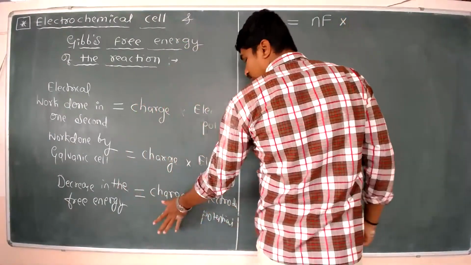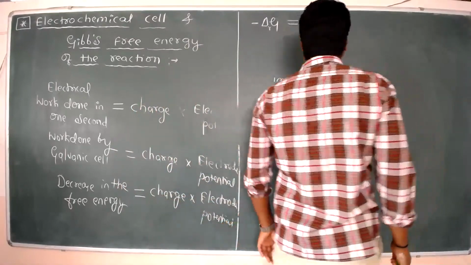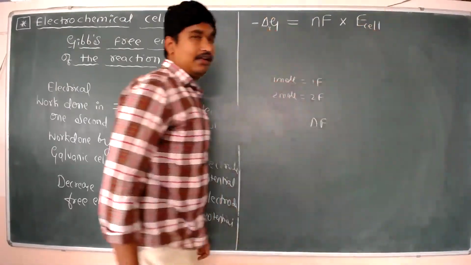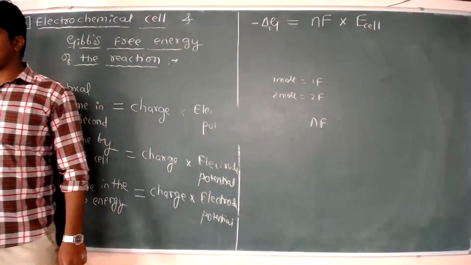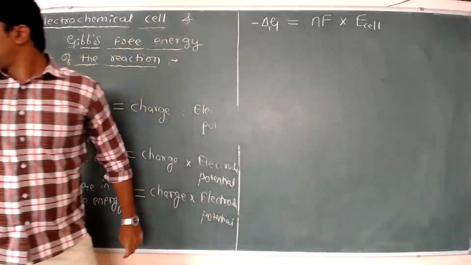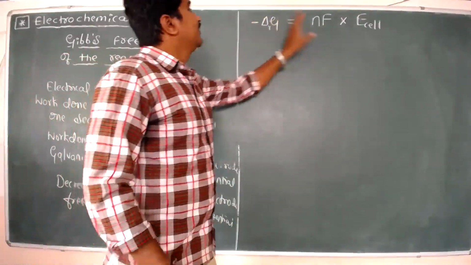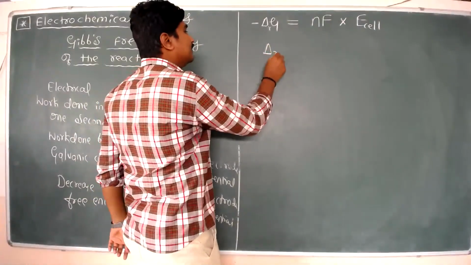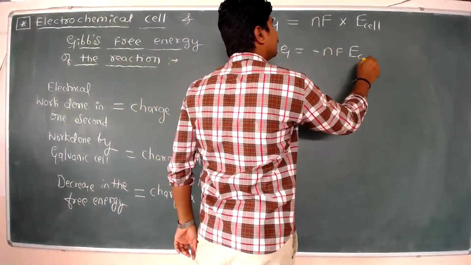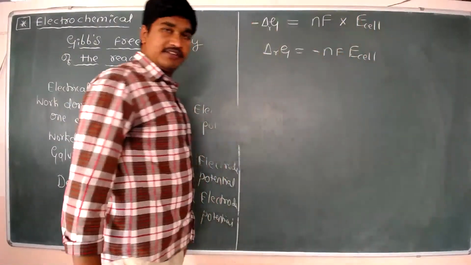Into same charge, the next one is electrode potential. Electrode potential I am writing symbolically as E cell. E cell means electrode potential of the cell. Here, once again, if you take this negative sign to this side, it will become delta G is equal to minus NF E cell.